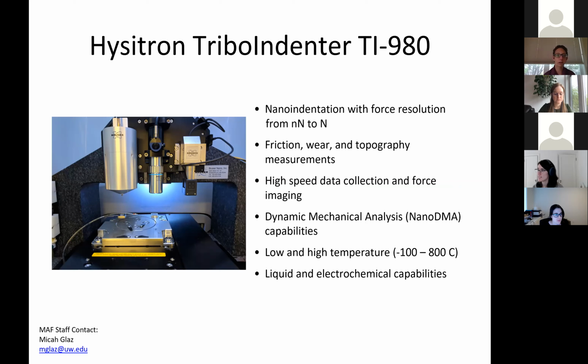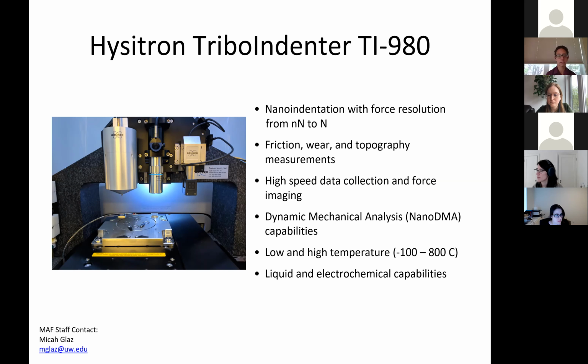As Lucas showed a couple of pictures from the SEM of a nanoindenter, this is one of our indenters. These are for doing mechanical analysis. So if you wanted to get hardness, Young's modulus, stress-strain curves, etc., this is a tool you would use for that.